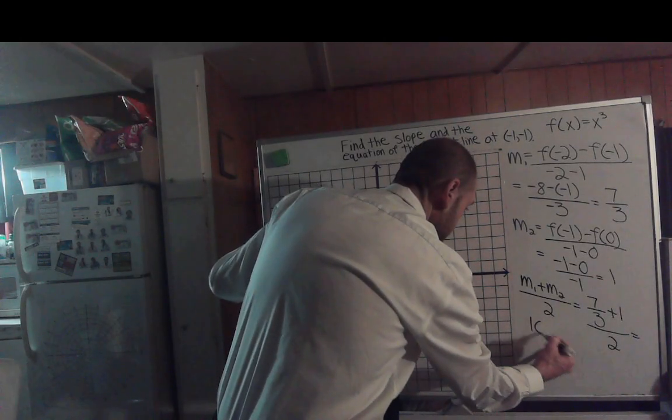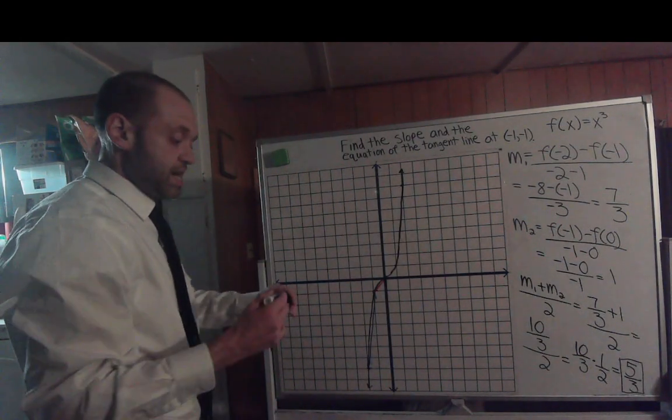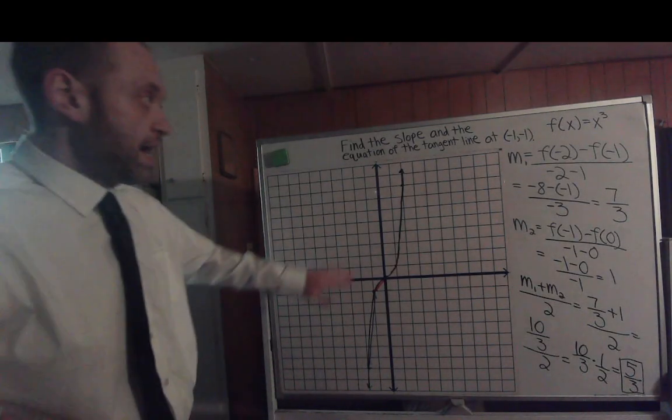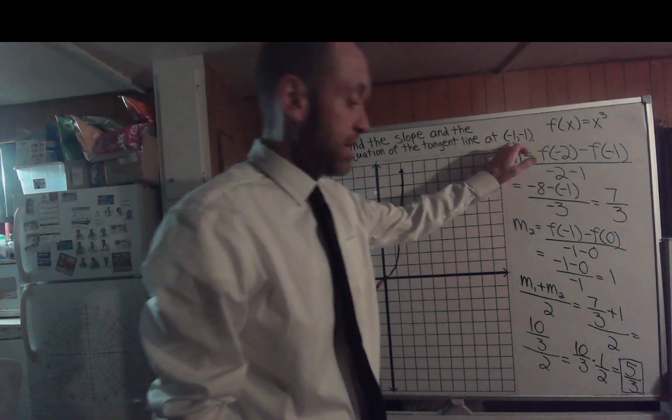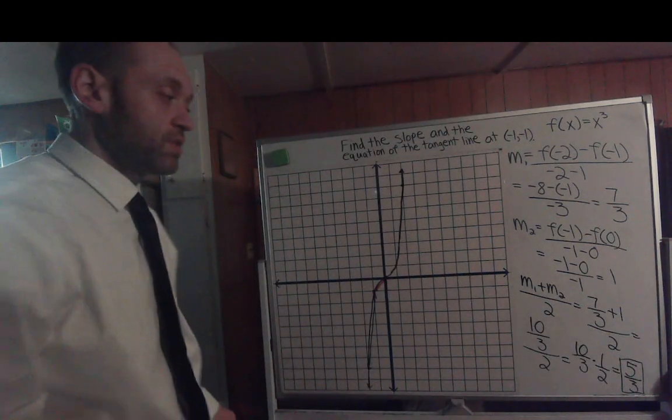So that's going to be 7/3 plus 1 divided by 2, which would end up giving me 10/3 divided by 2, which equals 10/3 times 1/2, which would turn into 5/3. So my approximate slope of the tangent line at x equals -1 is approximately 5/3.